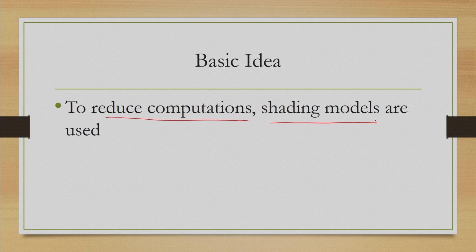So, the idea of shading models is that we have lighting models, we can make use of it to determine the color at a given point. However, if we do that for each and every point, then that is likely to be computation intensive and time consuming. To reduce computation, we use some tricks in the form of shading models.